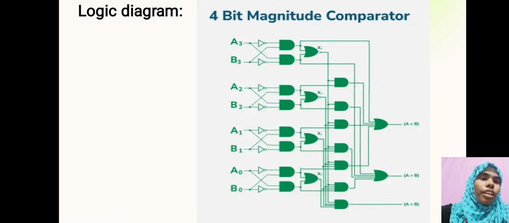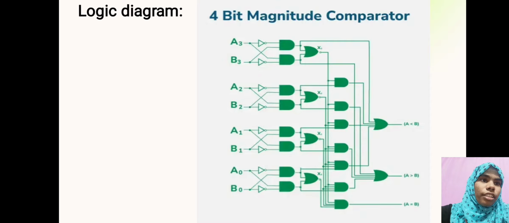When A1 bar B1 and A1 B1 bar are the inputs, the output is X1. When A0 bar B0 and B0 bar A0 are the inputs, the output is X0.